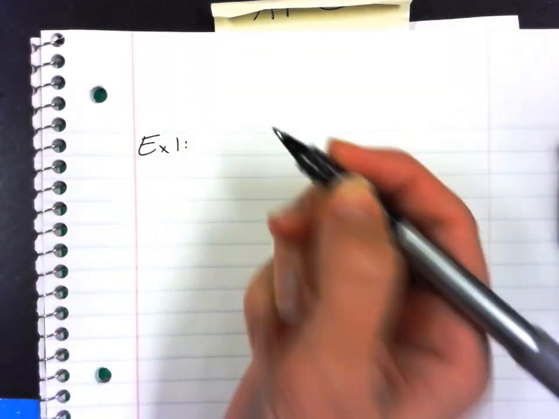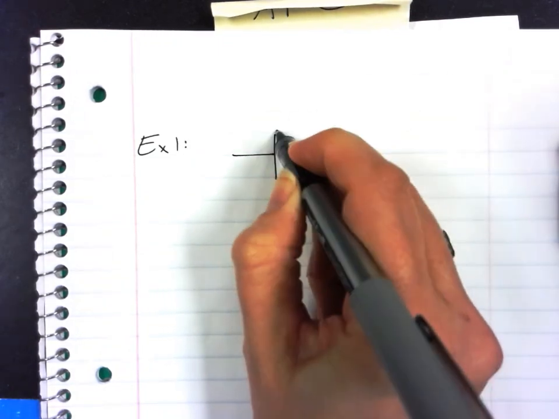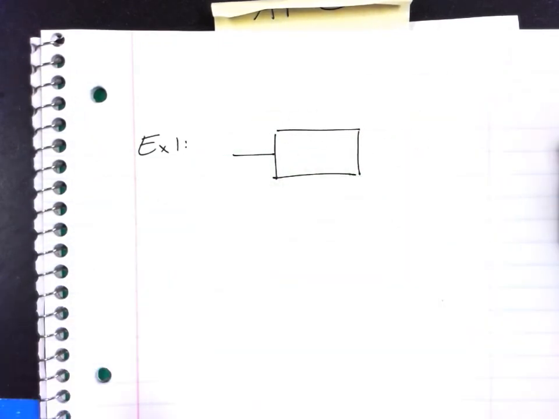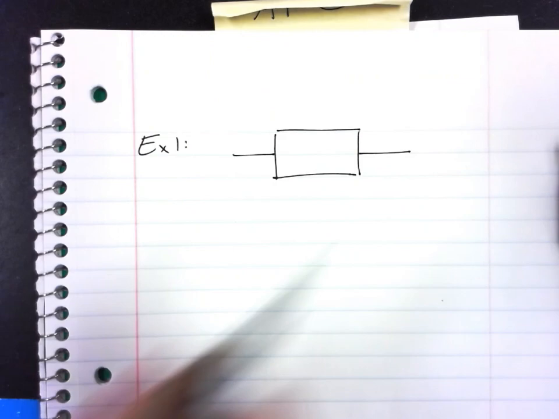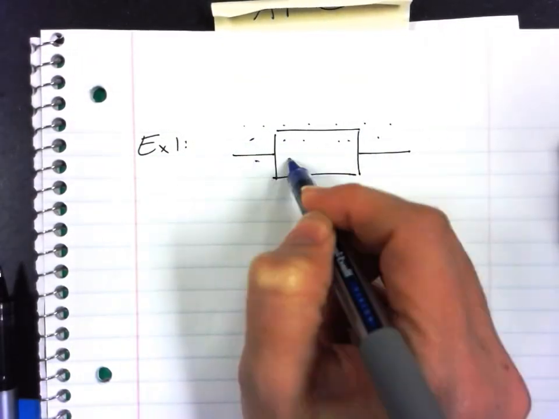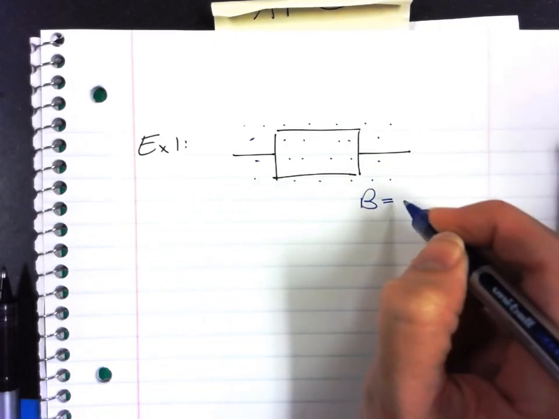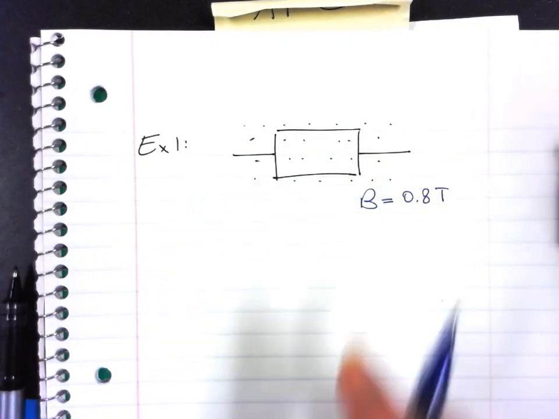So example 1, we are going to have a rectangular loop in a magnetic field that's pointing out of the page. So B out of the page has a value of 0.8 Tesla.